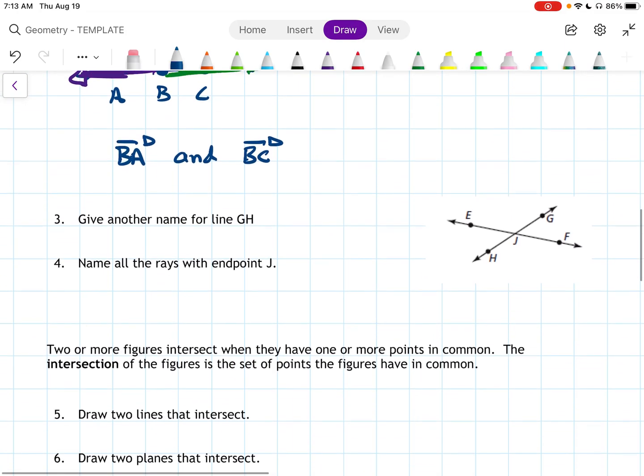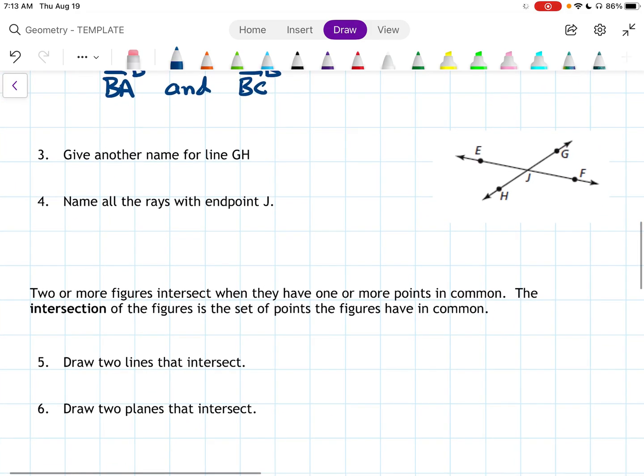All right, going down to number 3 here. Give another name for line GH. Right? So line GH. We're talking about that one there. We could use the point J if we wanted to. So we could say line JG. We could say line JH.